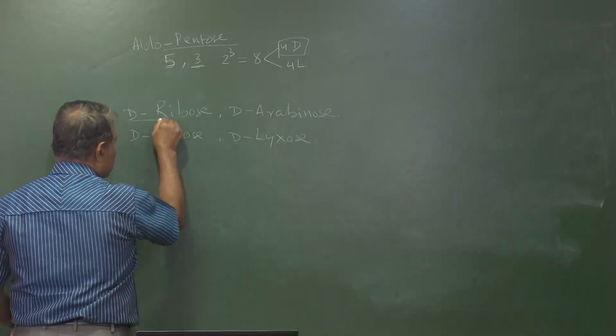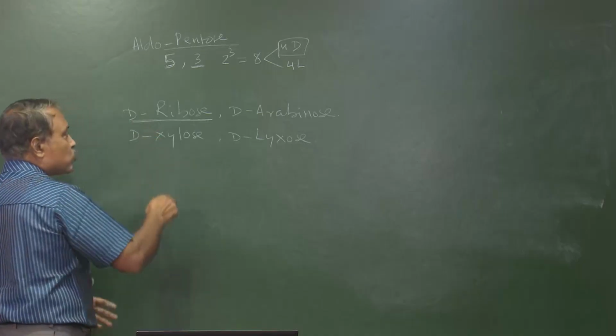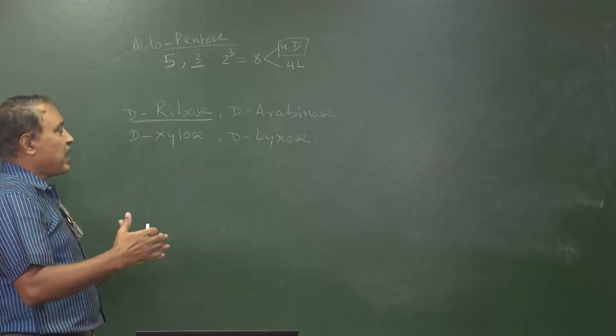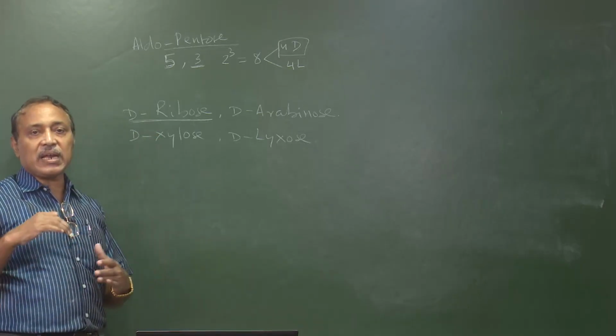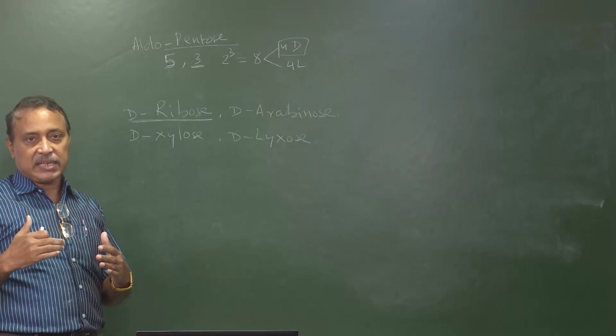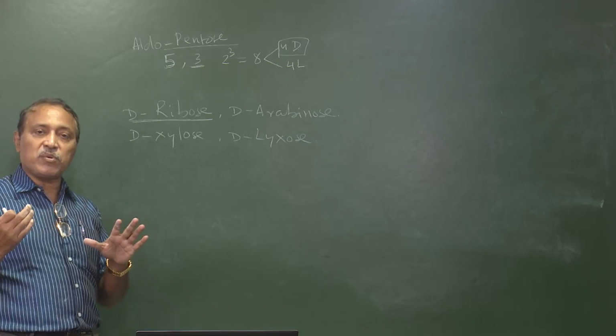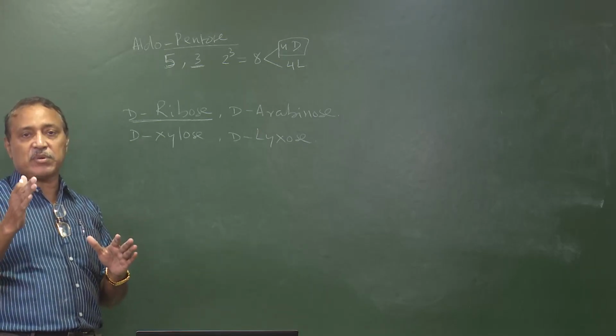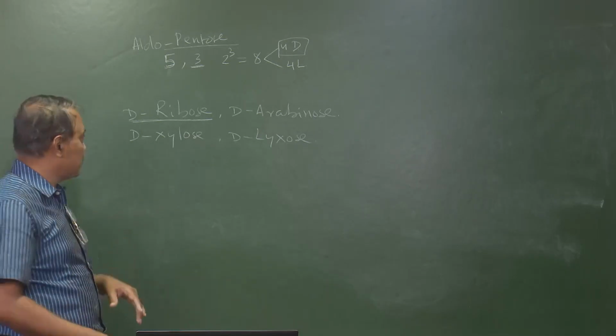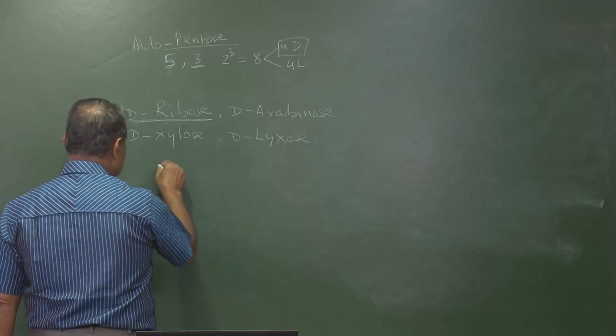First, D-ribose. I will not show henceforth how we get the L configuration. I will draw the D and you can draw, if you like, the L, because you just put a mirror and get the mirror image. So D-ribose.